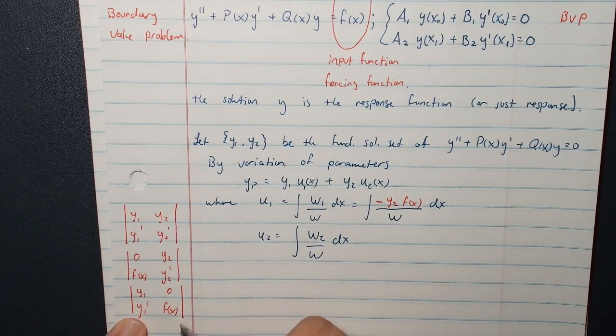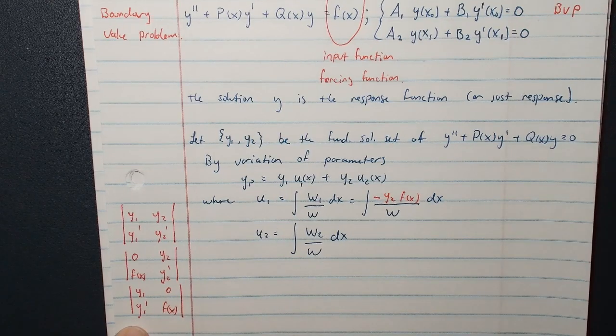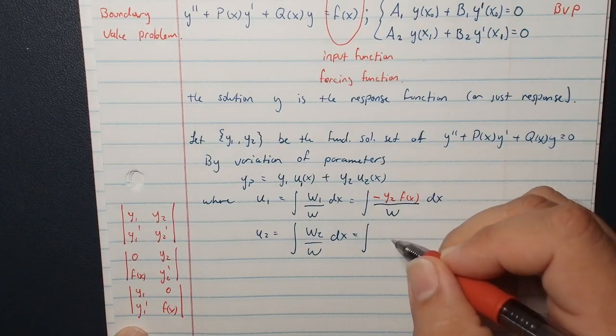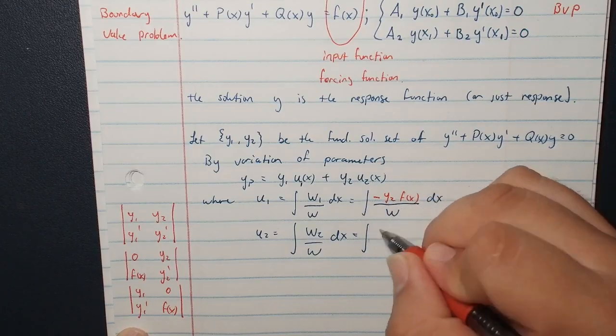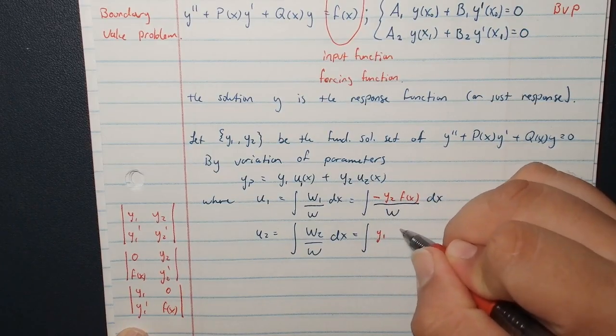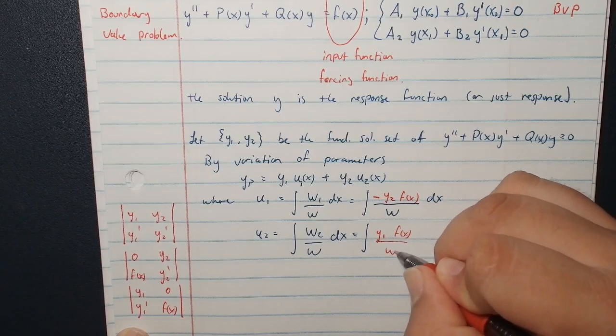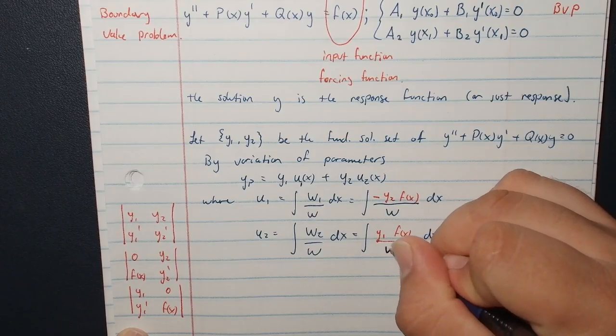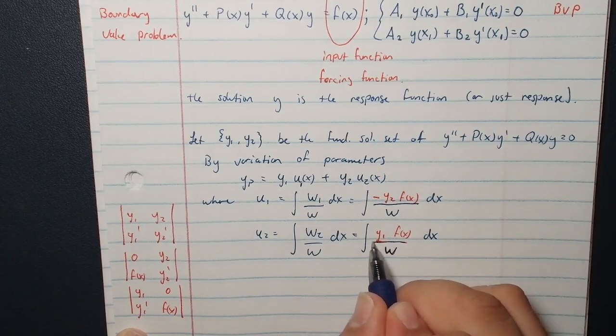That would be y1 f of x minus, and then this would be 0. So you'd end up with the integral of y1 f of x over w dx.